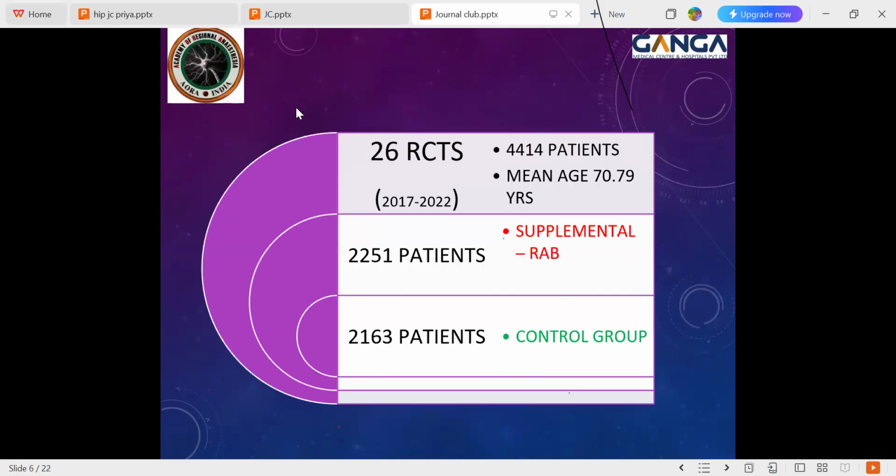In this meta-analysis, they covered 26 RCTs from the year 2017 to 2022, taking into consideration 4,414 patients. Of these, 2,251 patients received supplemental regional anesthesia blockade, and 2,163 patients were the control group.